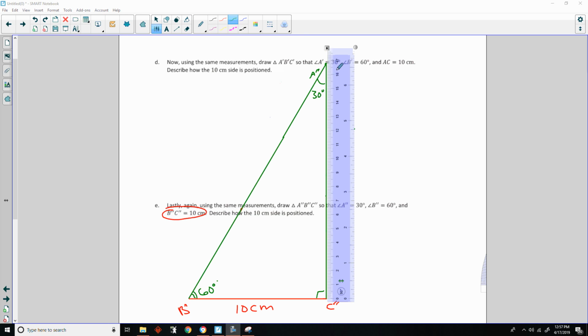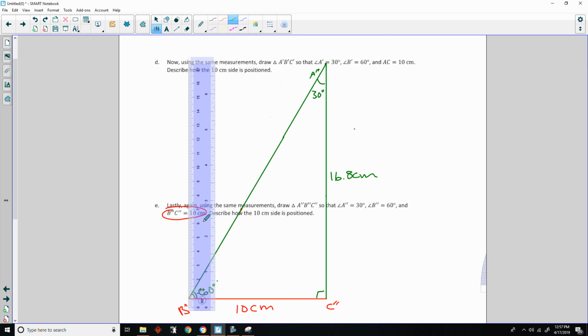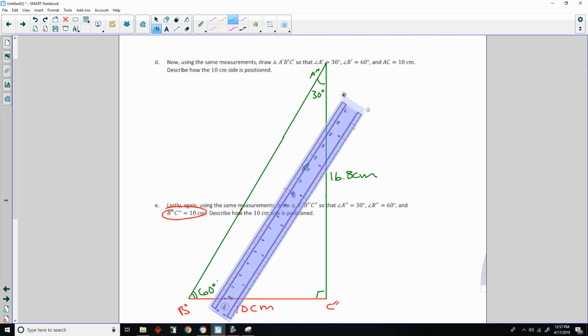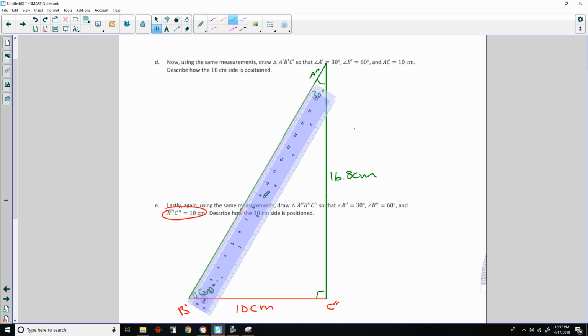I measure up to here, and it's 165, 6, 7. Looks like 168, or 16.8 centimeters. And this B prime, A prime over here, if I measure that, that is 196 or 19.6 centimeters.